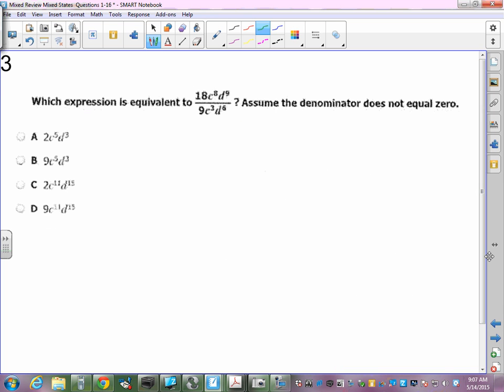Okay, this one is a review of laws of exponents. Can somebody get us started on this? So 9 goes into 18 two times, and it goes into 9 one time. So we're going to have 2 over 1. And then the rule is when you are dividing like bases, you subtract the exponents.